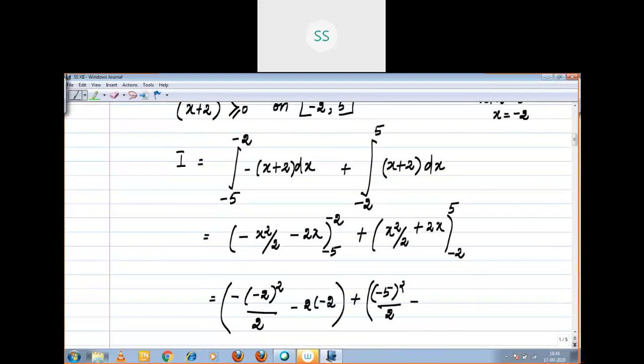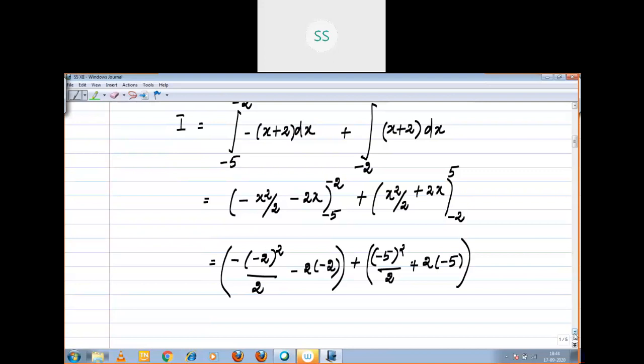Now, minus 5 the whole square divided by 2 minus 2 into minus 5. Upper limit I substituted here, minus of lower limit. Minus, you have to take outside. Then minus into minus is plus. Then again you have to substitute x square by 2 plus 2x. Here it becomes plus, right?